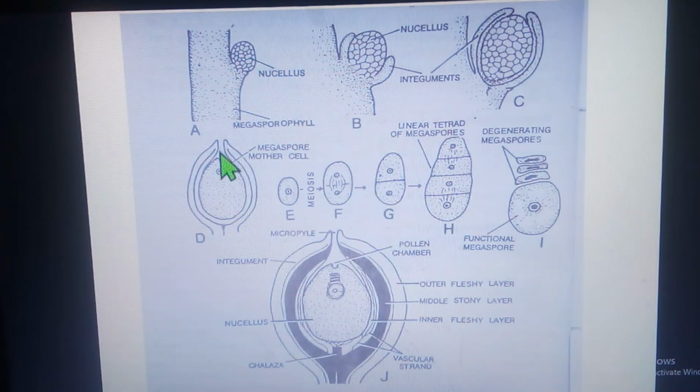This opening is called the micropyle. The micropyle is a small opening in the surface of an ovule through which the pollen tube penetrates during pollination.